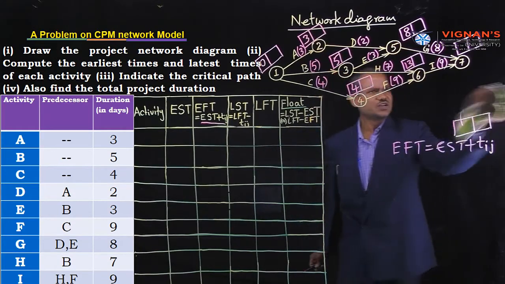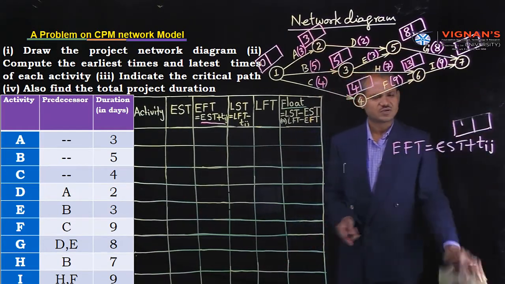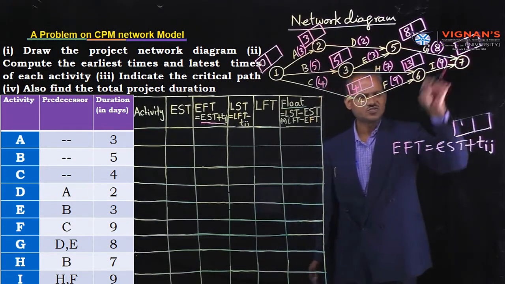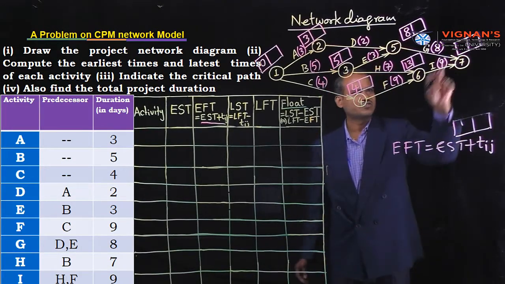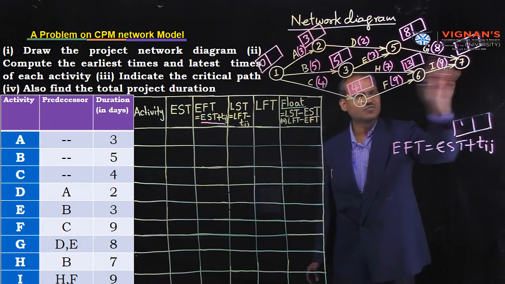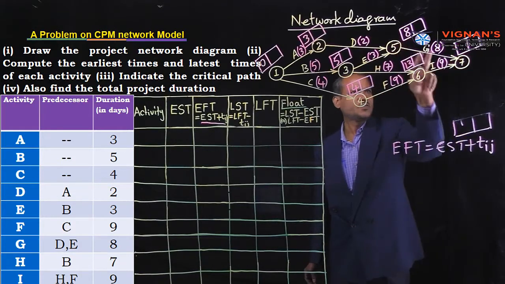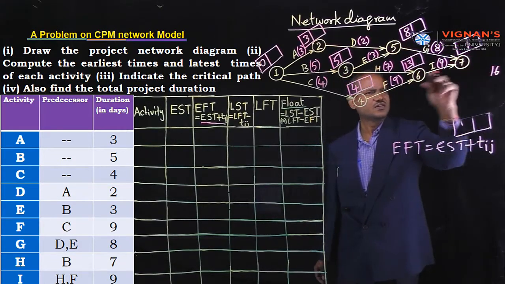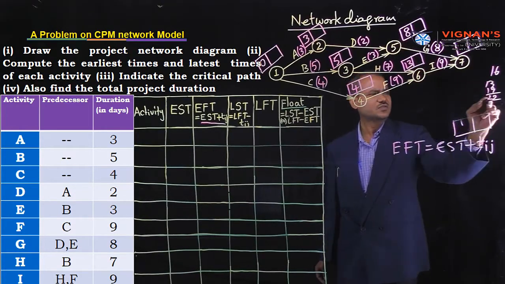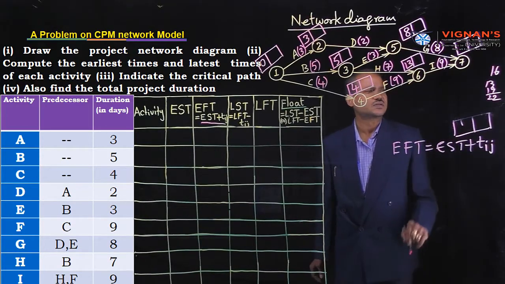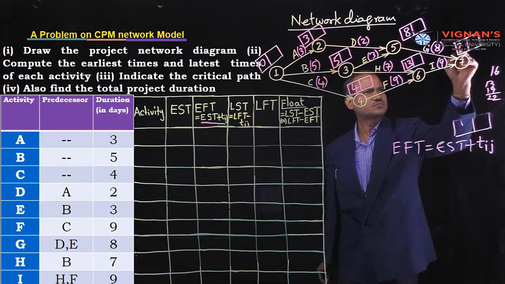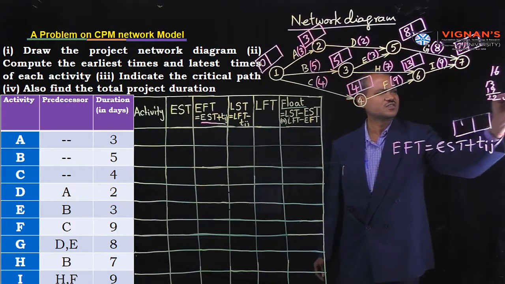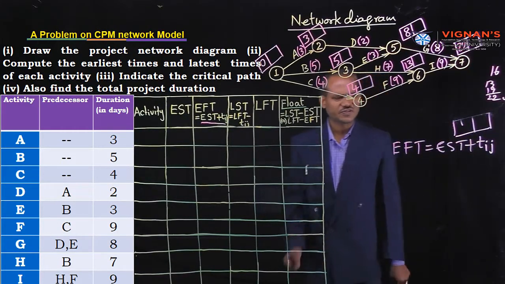Next, coming to the 7th node or last node. This is also a junction in forward pass recursion. 8 plus 8, 16. Next, 13 plus 9, 22. So the maximum is 22.